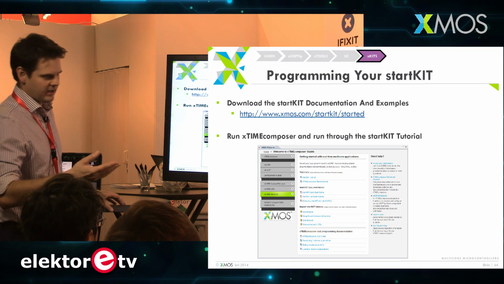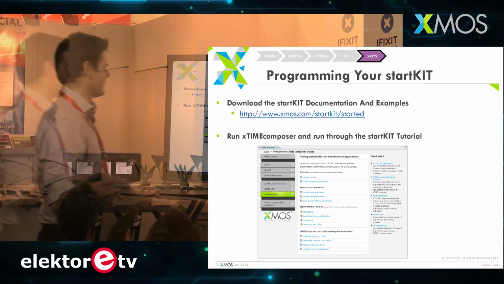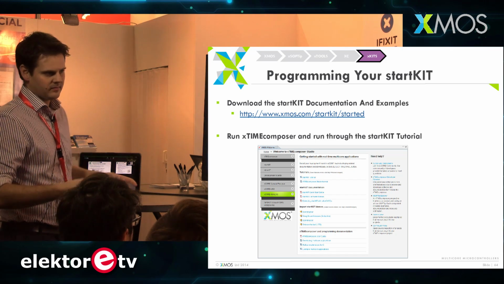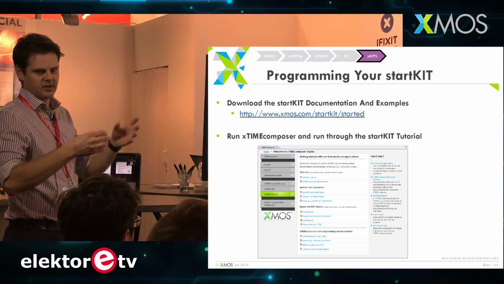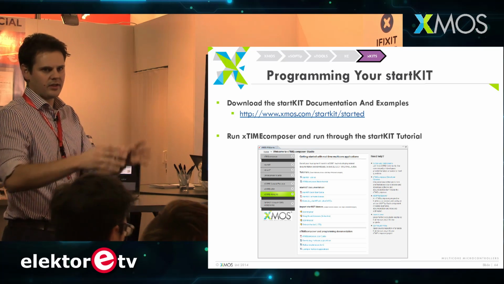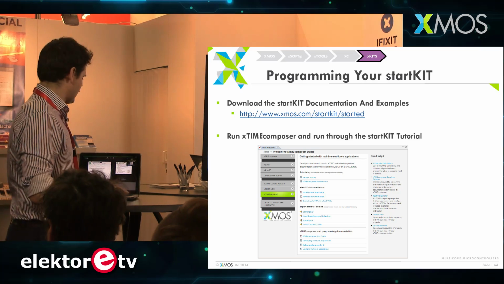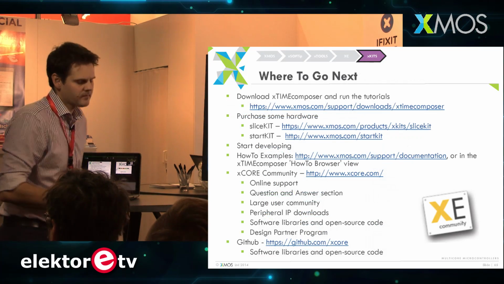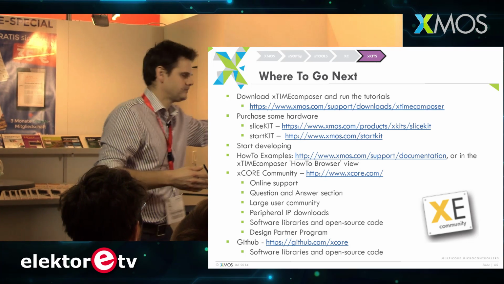If you bought a startKIT, what would you do? You can go onto the website, startKIT getting started, and download an example. There are at least 10 examples just on the website that you can download. Look at the code, modify the code, see how it works. And we have the community website, xcore.com.